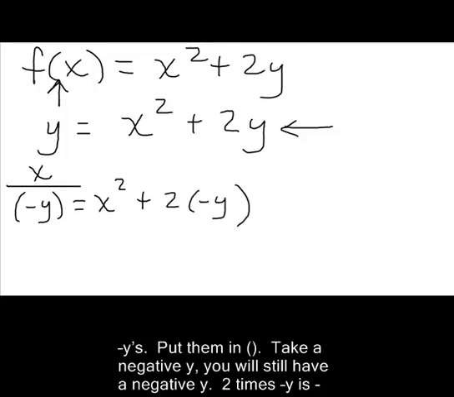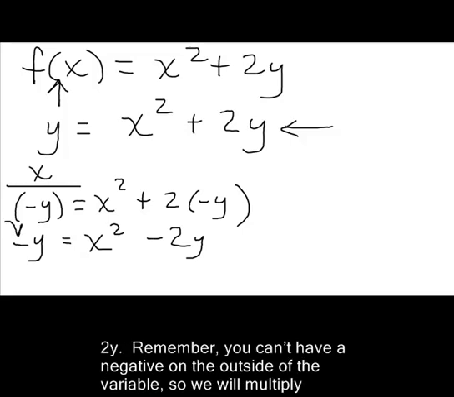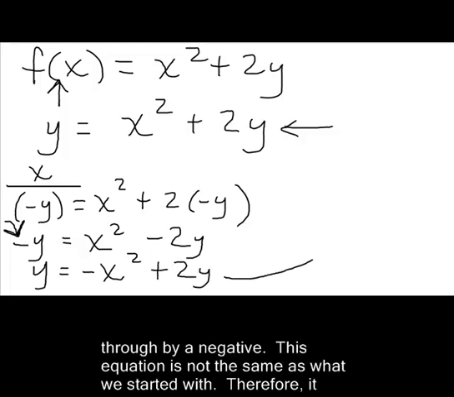If I take a negative y, since it's not squared or anything like that, it's still going to be a negative y. 2 times negative y is negative 2y. Remember from algebra that you can't have a negative on the outside of a variable, so we're going to take that and multiply that negative all the way through everything. And then we're going to compare it to what we started with.